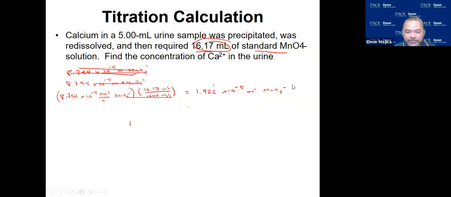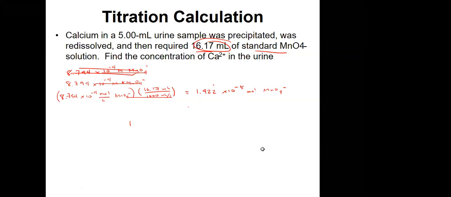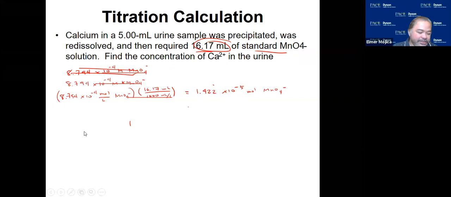Okay. So what do we do next? Convert it to the moles of the calcium. Okay. So whenever we have this one, how are we going to move from that permanganate to the calcium?